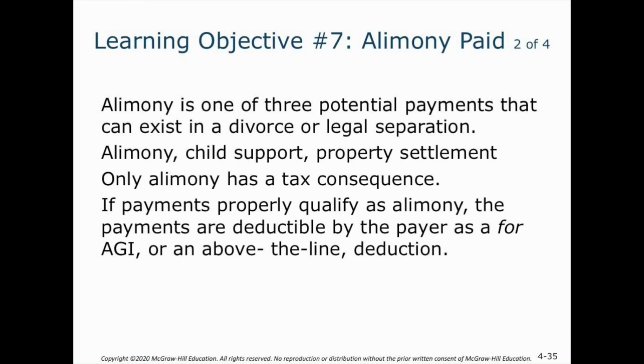What alimony is going to be is support for one of the spouses. It comes about, for example, where as part of the marriage, one of the spouses gave up opportunities to further their education or their career, and became dependent on the working spouse, or the spouse that was the higher income earner or working more time.